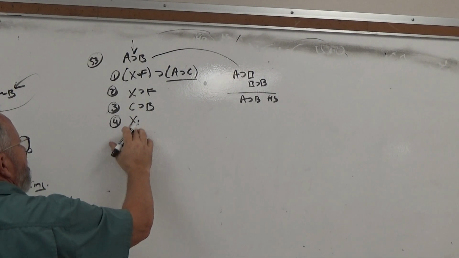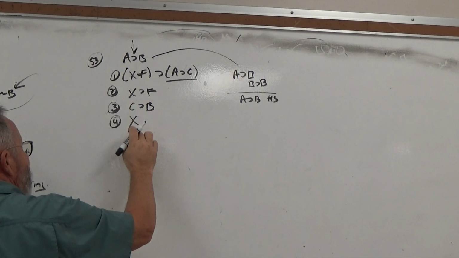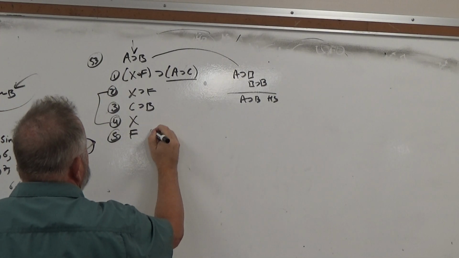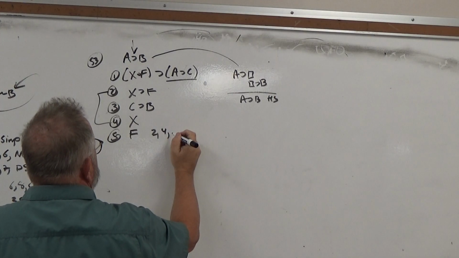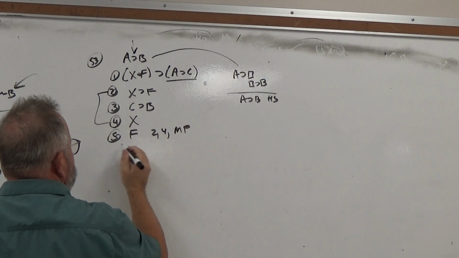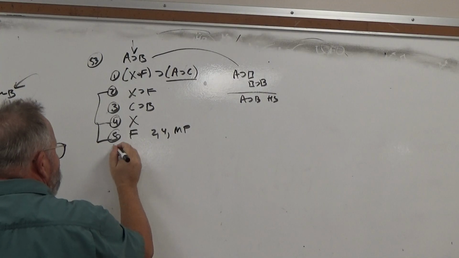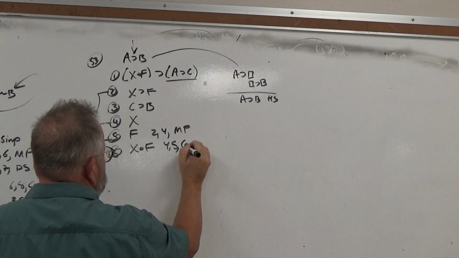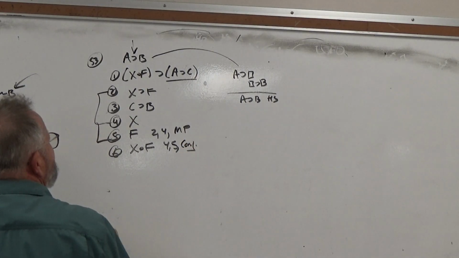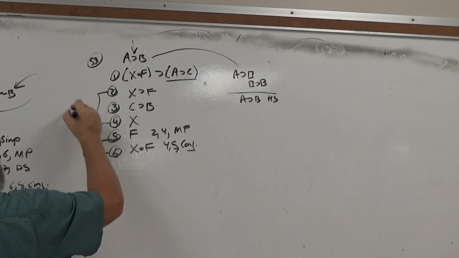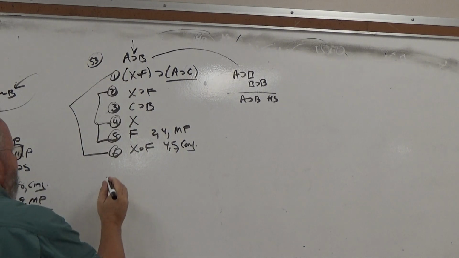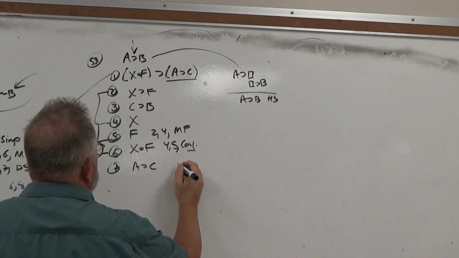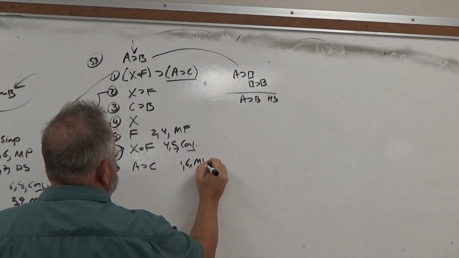So there's an X, I can get an F if I have an X, and I have an X. So 5 is F from 2, 4 modus ponens, and now 4 and 5 can be put together as X and F for 6, conjunction. And now I can use this to do a modus ponens with line 1, and that gets me A then C from 1 and 6 modus ponens.